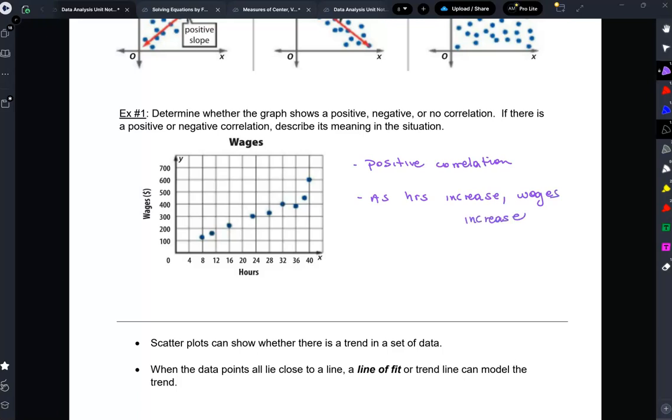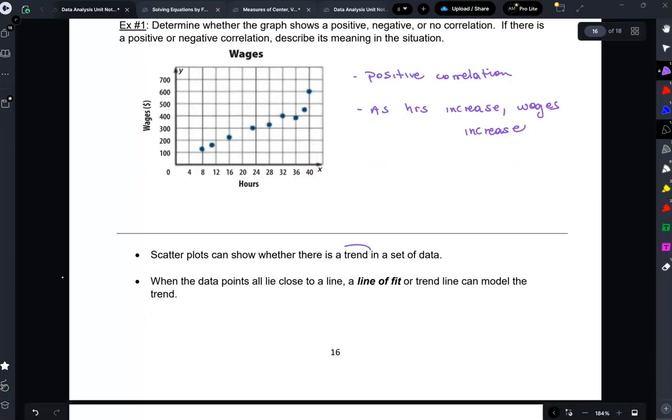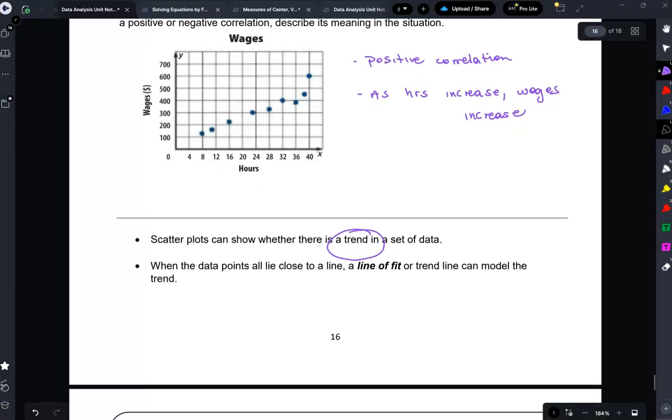Okay. So, like we said, scatter plots can show if there is a trend in the set of data. And in the case where the points all lie close to a line, we can draw what we call a line of fit, right?